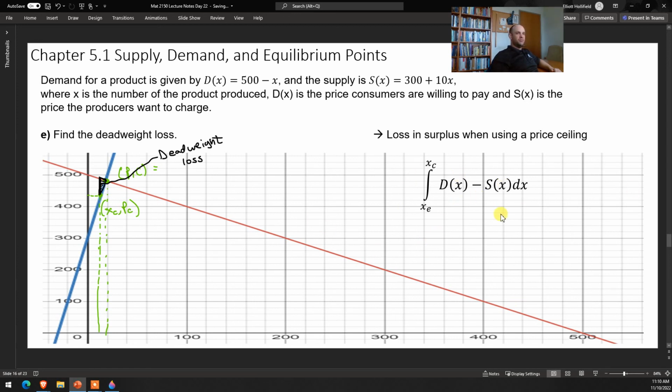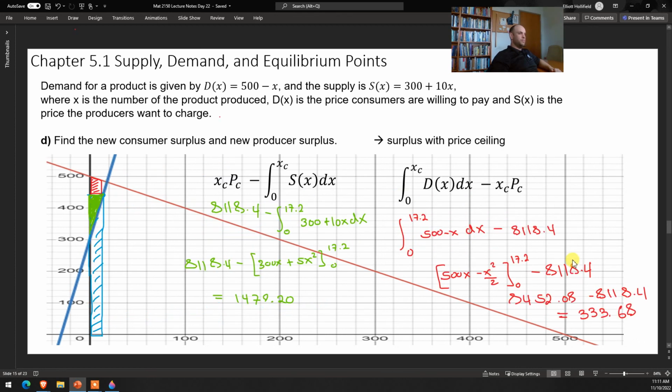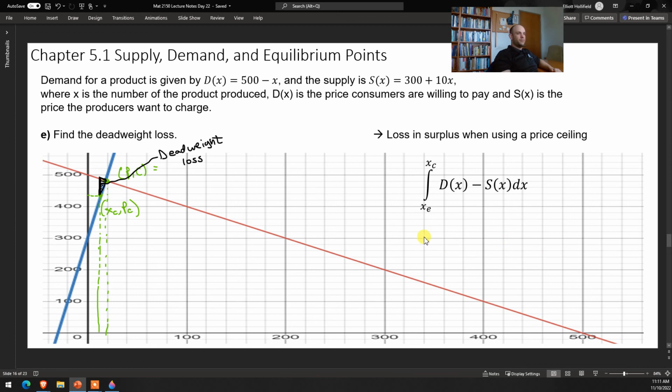So let's first recall what were our points for the equilibrium. It was 18.18 and 17.2. And so we're going to integrate from 17.2 to 18.18 the demand function, which is 500 minus x, minus the supply function, being extra careful here to distribute this negative sign so that we subtract the entire supply function.